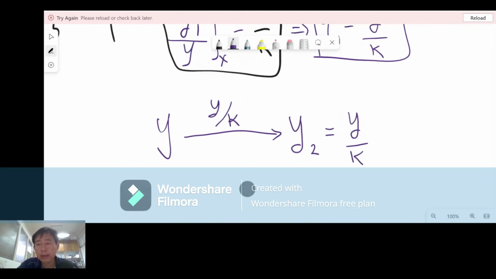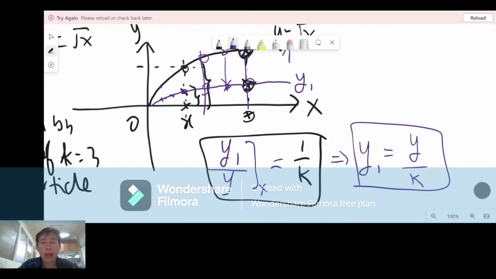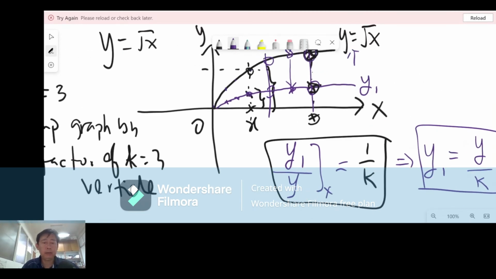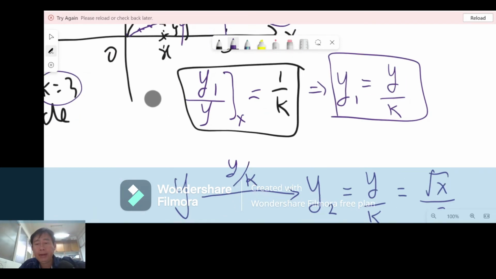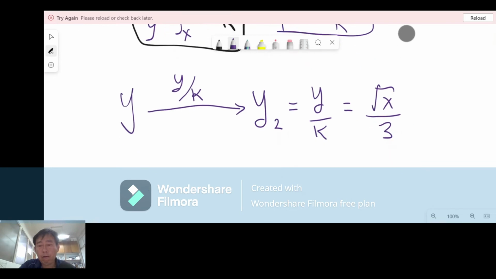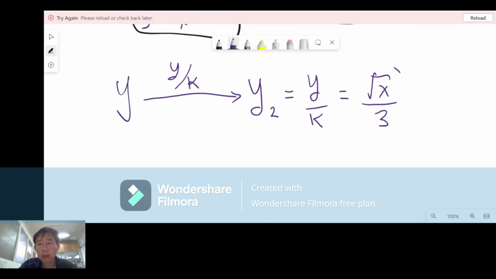So here the compression factor is just 3 for our case. So if you set k to be 3, then you carry out this operation. The compressed function y1 then has the formula of square root of x divided by 3.